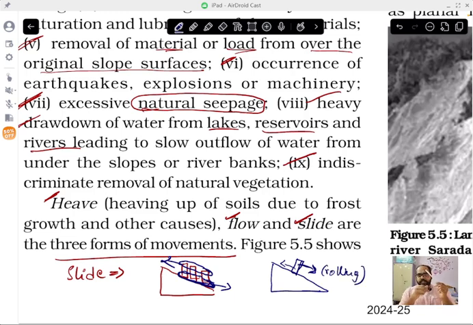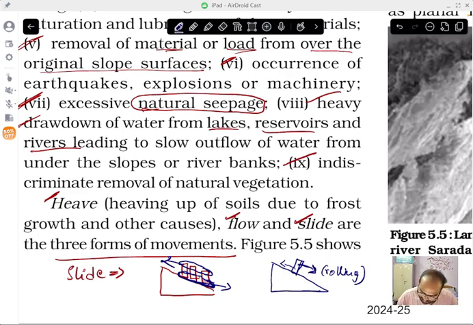The upper part is ahead and the lower part is behind. It falls like this and goes ahead. It just rolls in a downward manner.